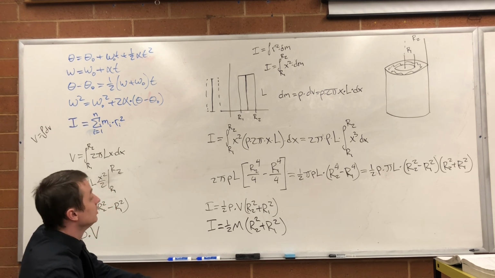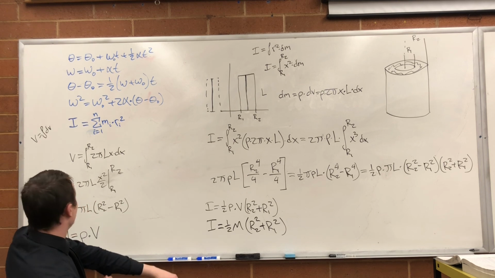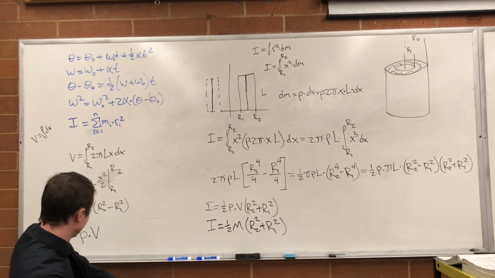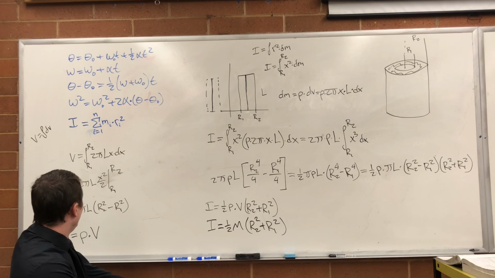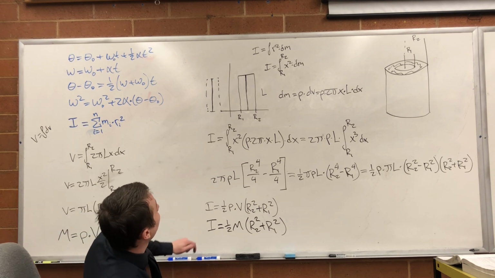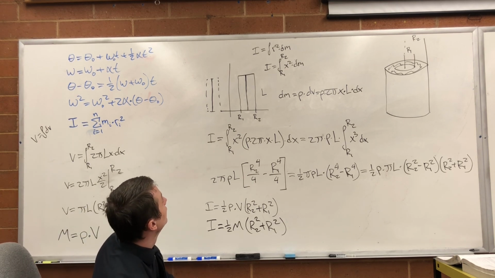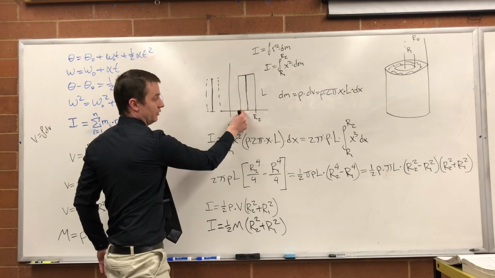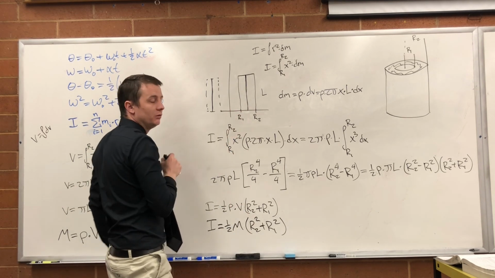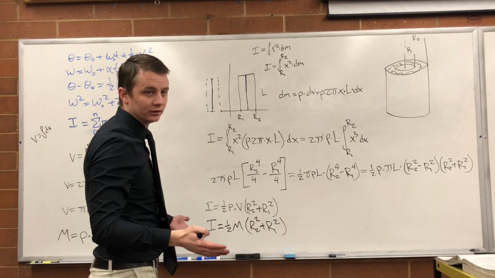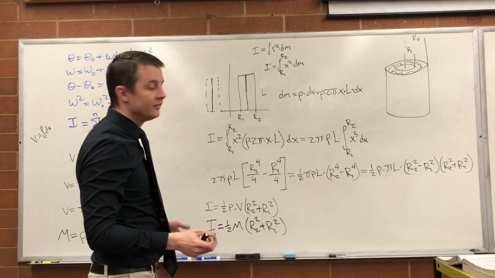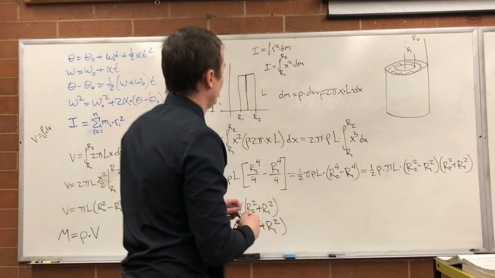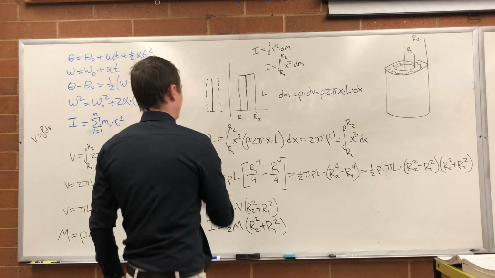Things to notice, really quick. What happens if our R1 was 0? So notice if I make my R1 0, then now we just have a solid cylinder. So if we make our R1 0, we just have a solid cylinder, so let's see the effect that has on this.